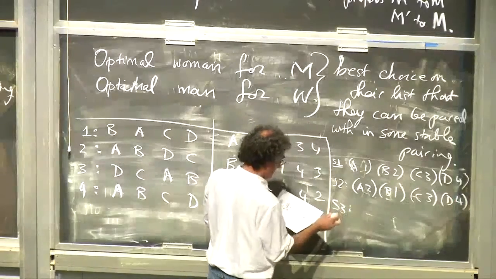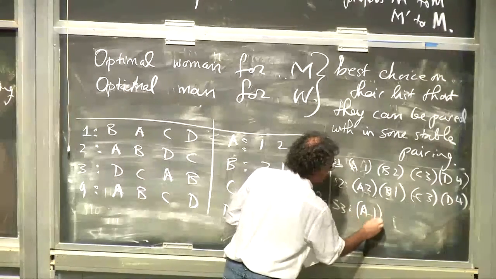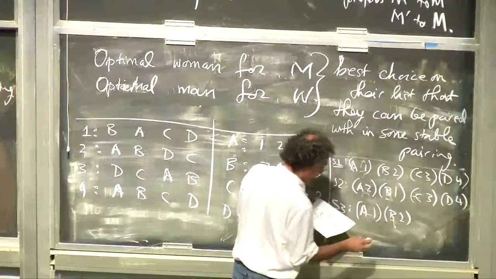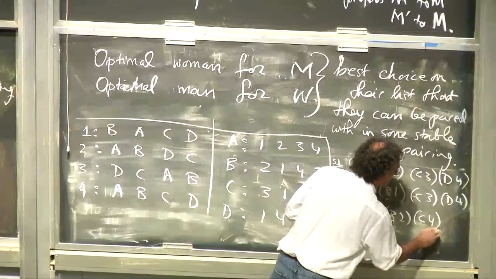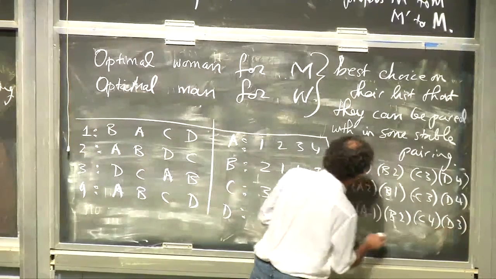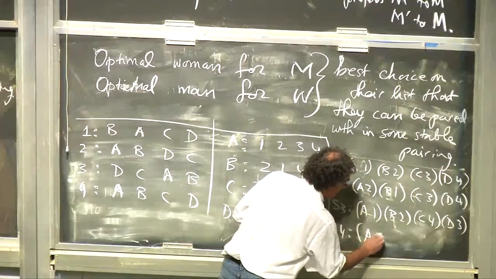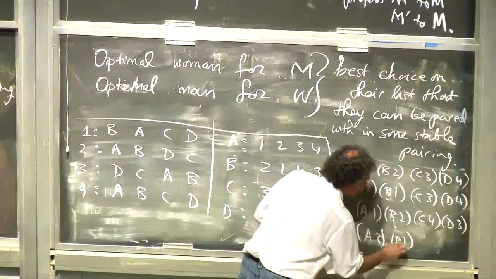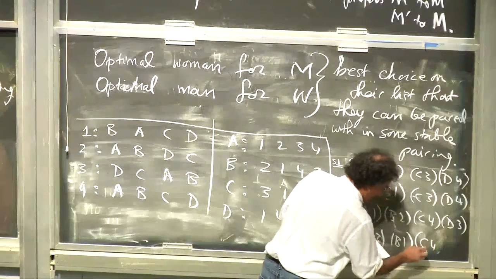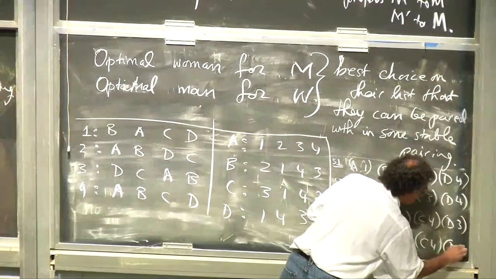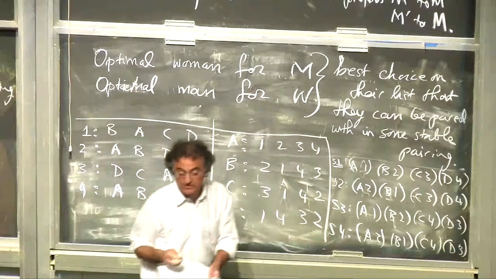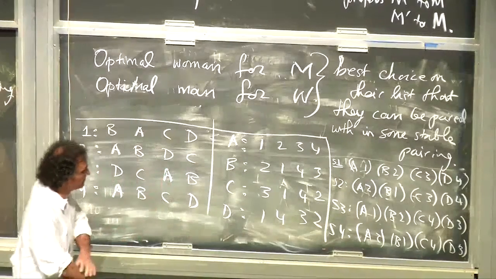S3, which is A1, B2, C4, D3. And S4, which is A2, B1, C4, D3. Okay, so there are 4 different stable pairings in this case.